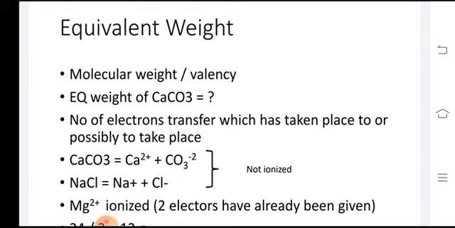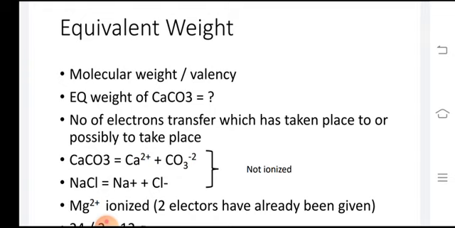Similarly, if you find the equivalent weight of calcium carbonate, you can see that calcium carbonate can be dissociated into calcium 2 plus ions and CO3 2 minus ions.